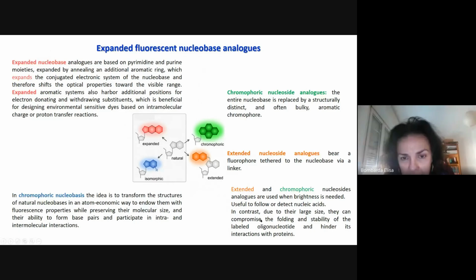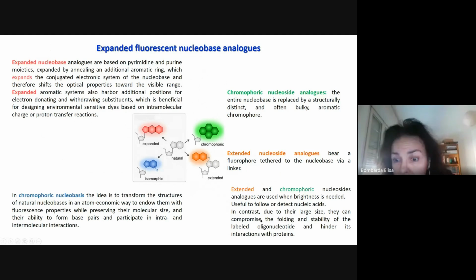And in orange, we have the extended nucleoside analogs, where the fluorophore is tethered to the nucleobase. Of course, also here we have a bulky situation.